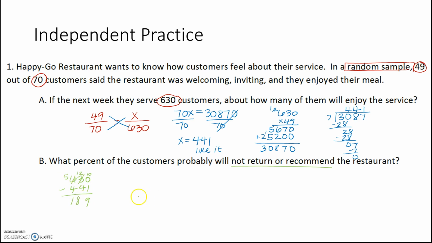So now you're going to set up a proportion: 189 people did not like it out of 630. What percent is that over 100? These are proportions, and you're great at proportions and percent proportions. Now you're going to work on your own, use your answer check, and make sure to ask questions, guys. Good luck.